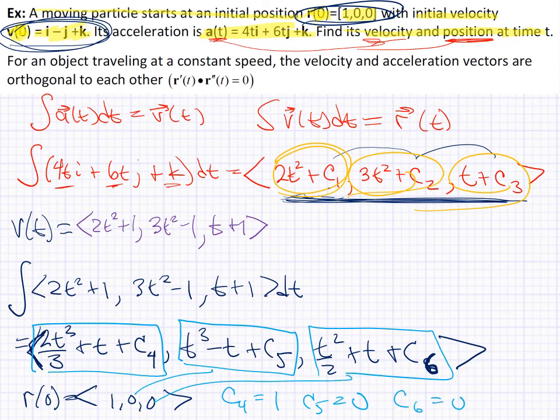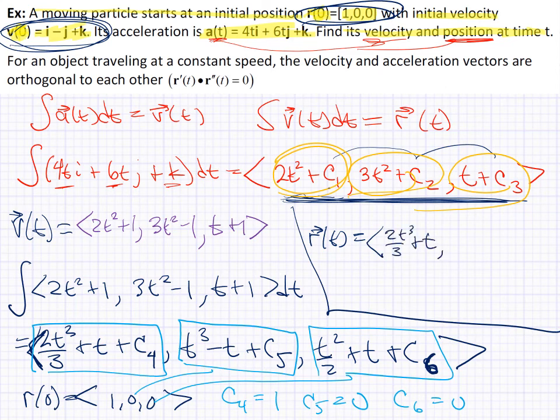So doing that, let's make some space over here. The position vector, okay, let's put a little arrow on that one. The position vector should be 2t cubed over 3 plus t plus 1. C4 was 1. And then t cubed minus t, and then t squared over 2 plus t.